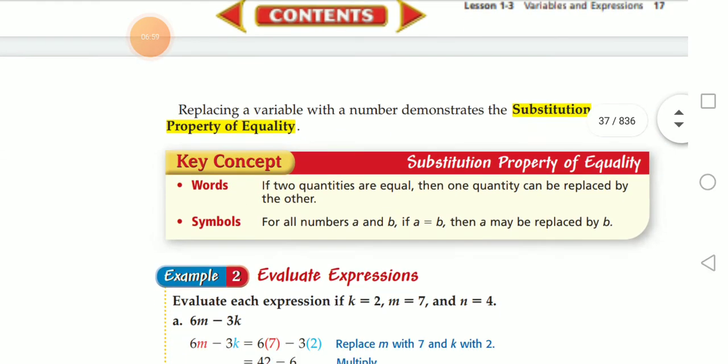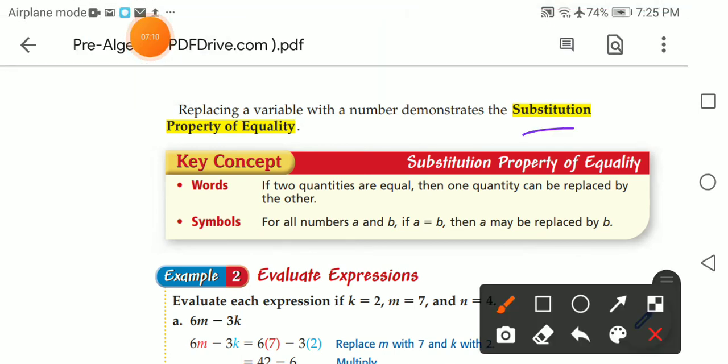Remember, replacing a variable with a number demonstrates the substitution property of equality. Remember this word very much. Write it down: substitution property of equality. This is important. If two quantities are equal, then one quantity can be replaced by the other one.